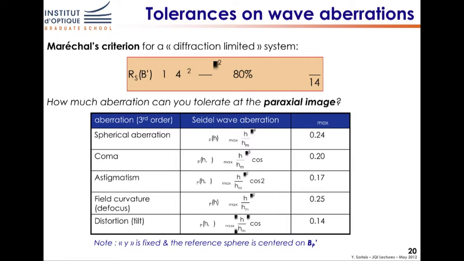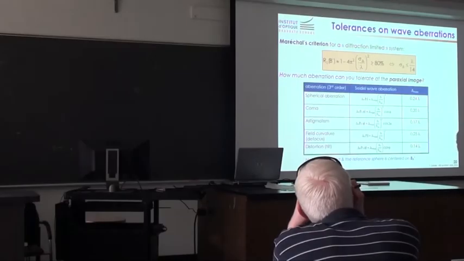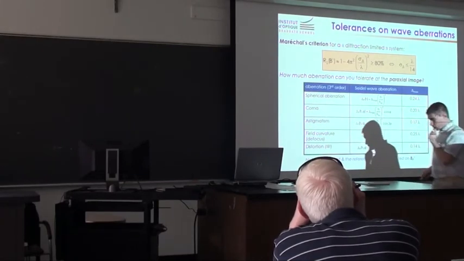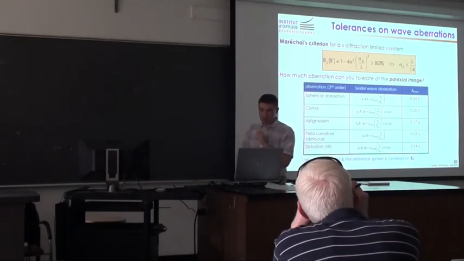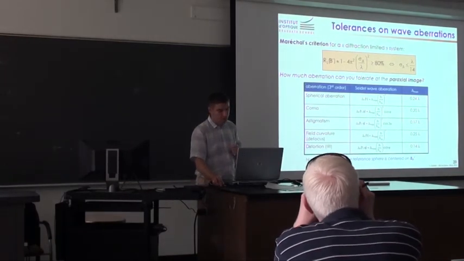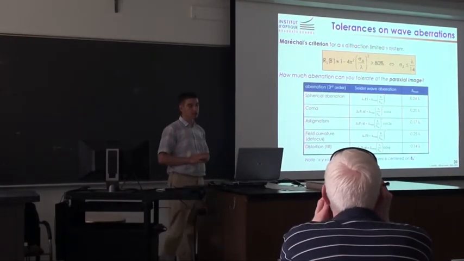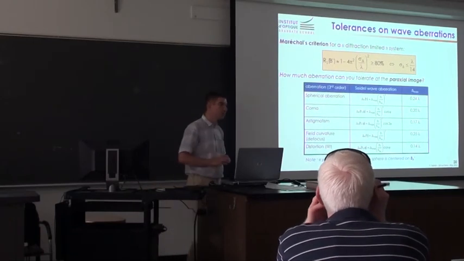And we have found, using the Marshall variant, we have put some tolerances on the maximum amplitude of the wave aberration. Okay, now, as I said yesterday, the problem is that the Seidel polynomials are not orthogonal.